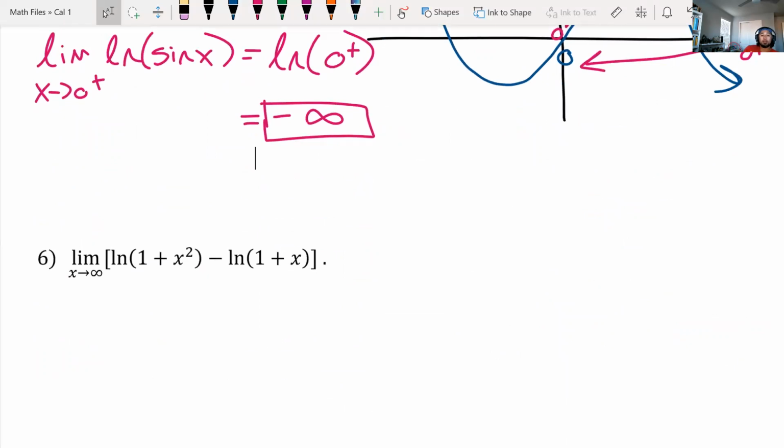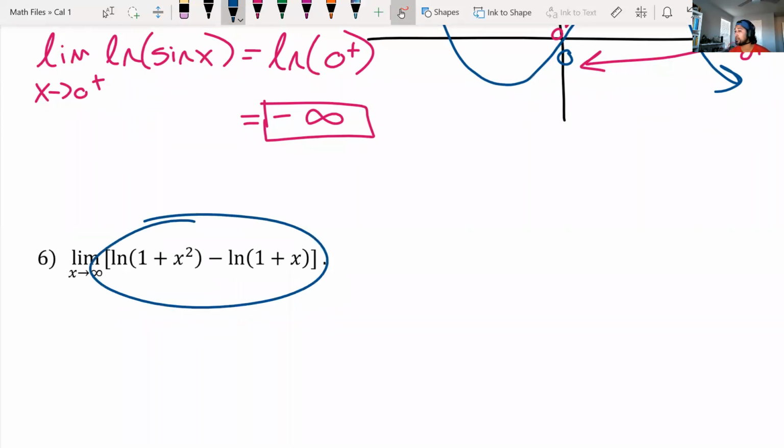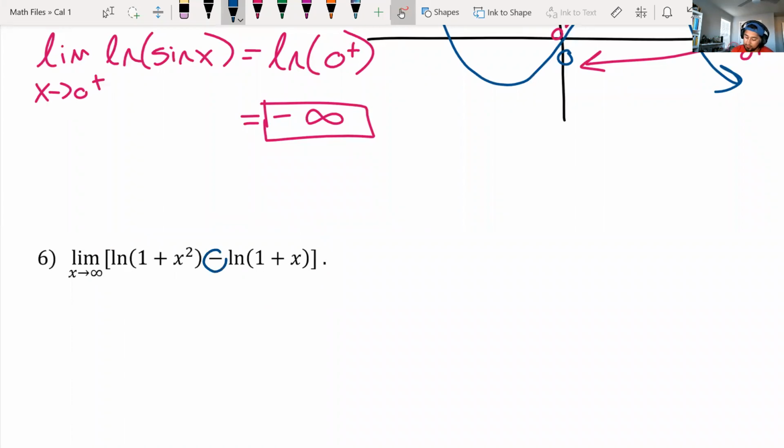6. The limit as x approaches infinity of the natural log of 1 plus x squared minus the natural log of 1 plus x. So before we apply this limit, we have to go back and remember our log properties. What I want to do for this problem is combine these two logs into one. So we see that these are connected by subtraction.